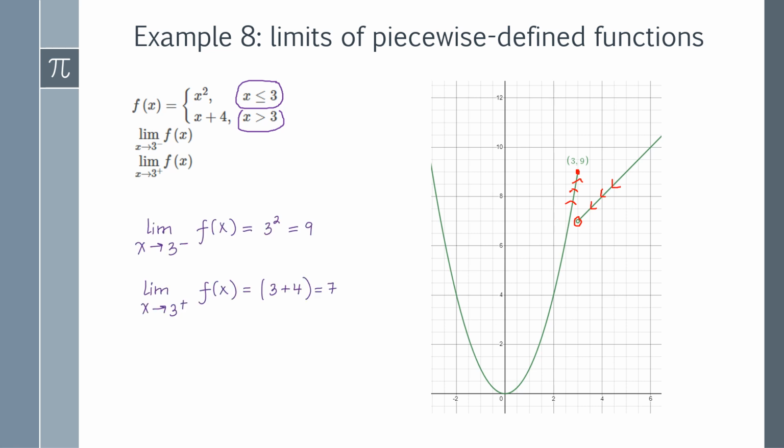So algebraically, all we have to do is plug in 3 into the correct portion. So from the left side, I'm plugging it into the quadratic, so just squaring 3. That gives us 9. And for the right limit, I'm plugging it into the second portion of the function, 3 plus 4, and that equals 7.